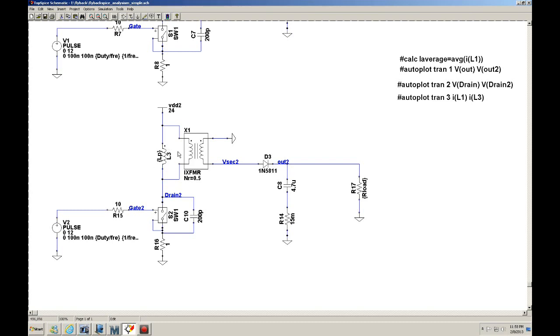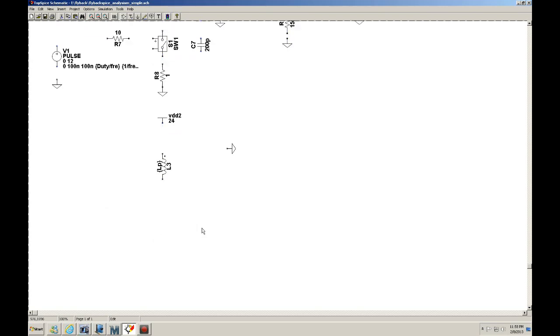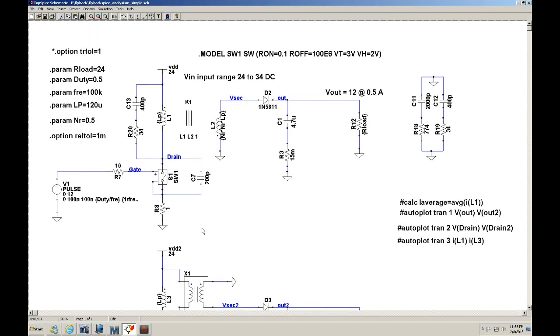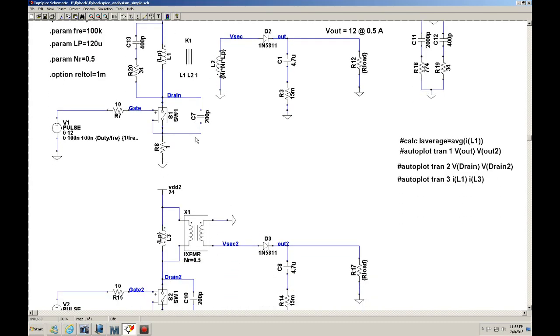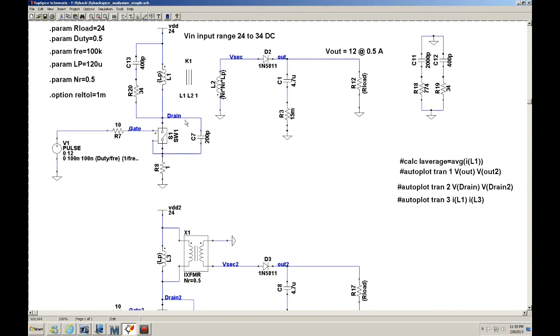I can flip it, and it doesn't change the simulation, as long as you know that you have to connect your ground up on top if these are in phase, and then you do your connection on the undotted area. And again, you can see I have my diode, capacitor, R load, basically the identical circuit that I have on top, I have on the bottom. So the top one has the coupled inductor, and this one is using the ideal transformer.